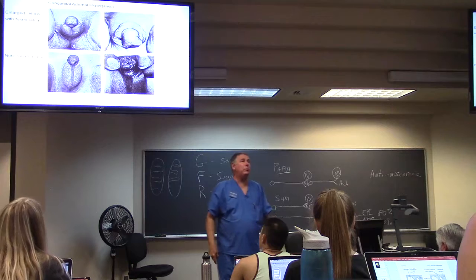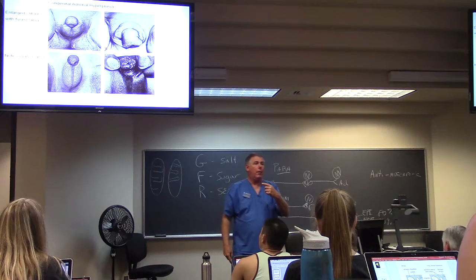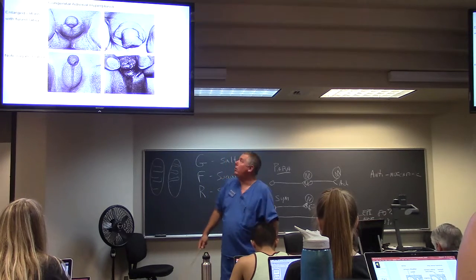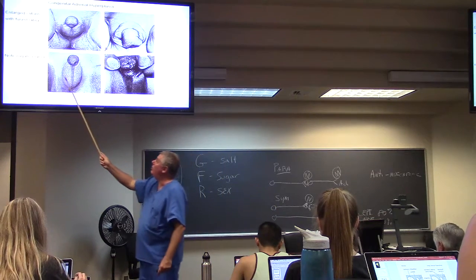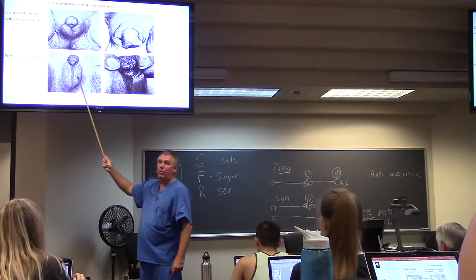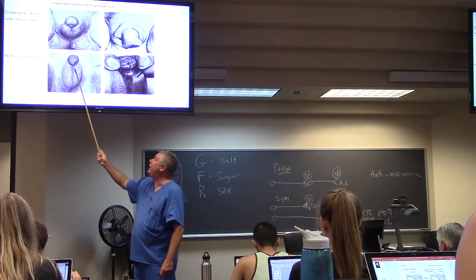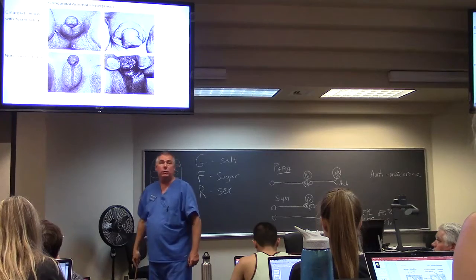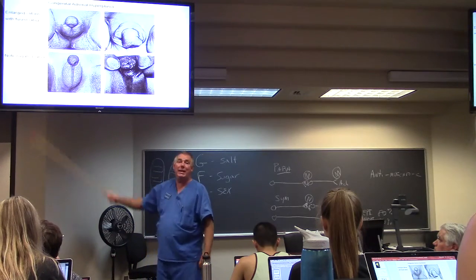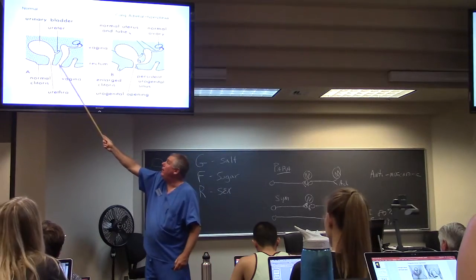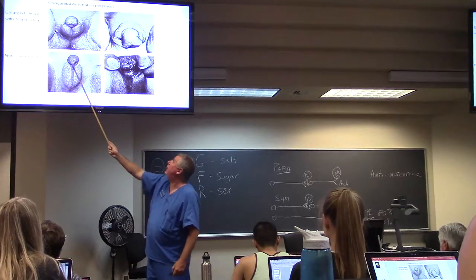In these examples here, these are all genetically female folks. You can see that right there with the rugated labia majora, it appears like a scrotum, with that being a penis. And because of the orientation of the urethra, they always have hypospadias.